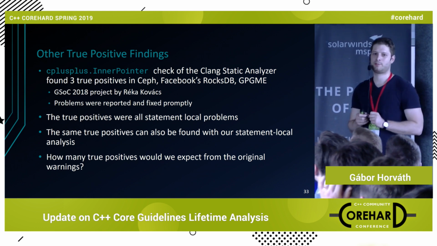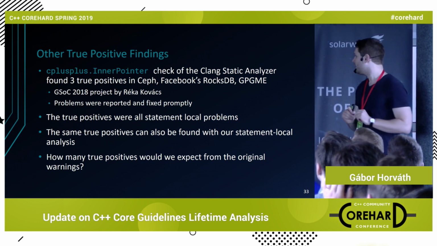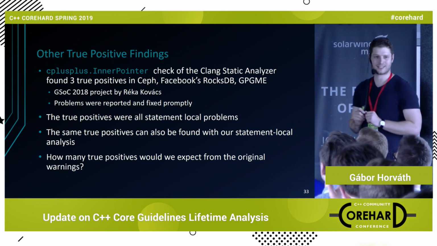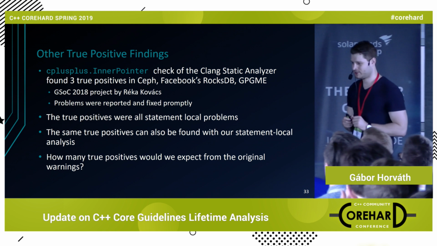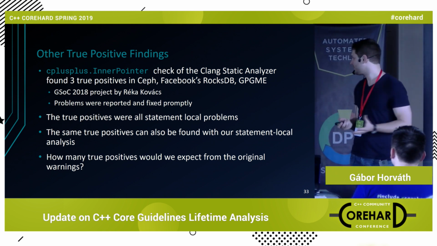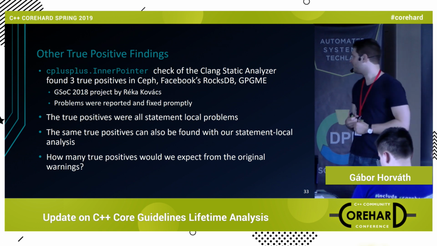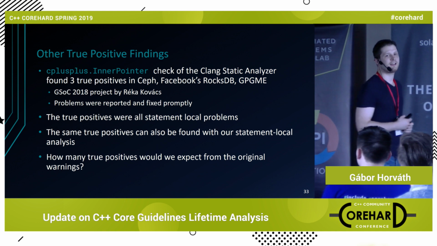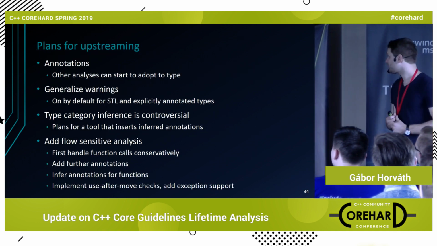So even though she implemented all these tricks to make her check path sensitive, all the issues she found were statement local. So it is an interesting question whether we were just unlucky or actually most of the problems in the wild are statement local.